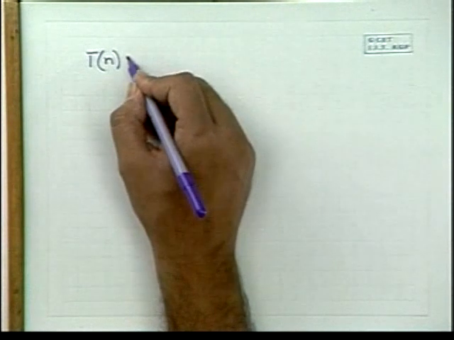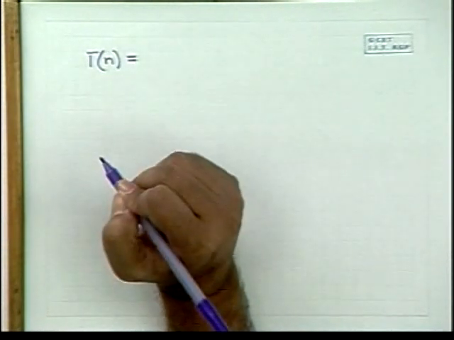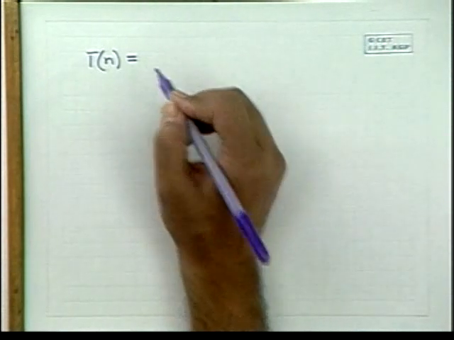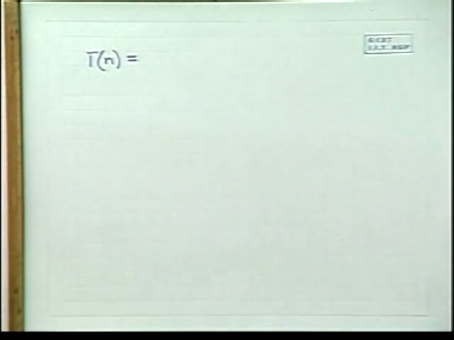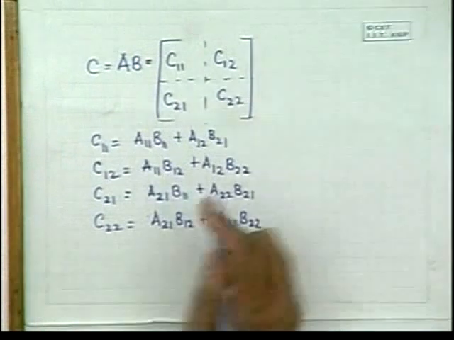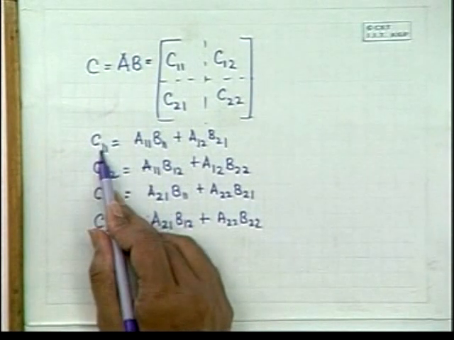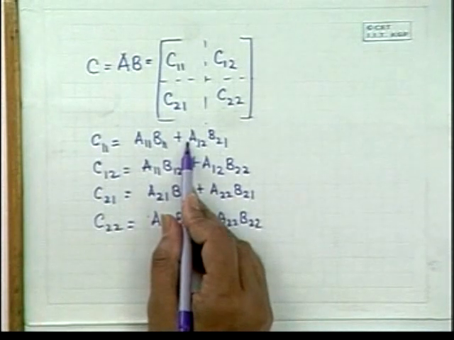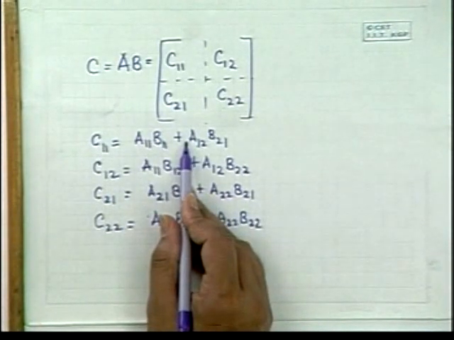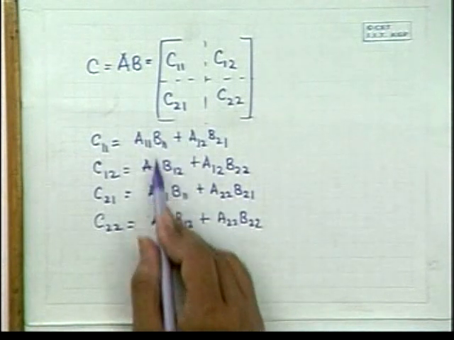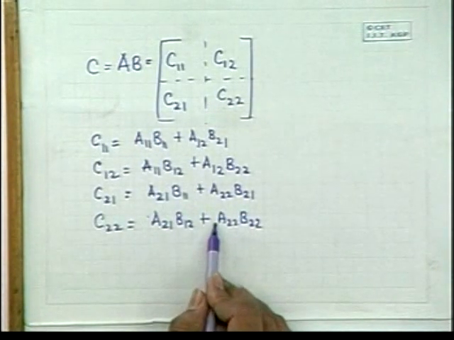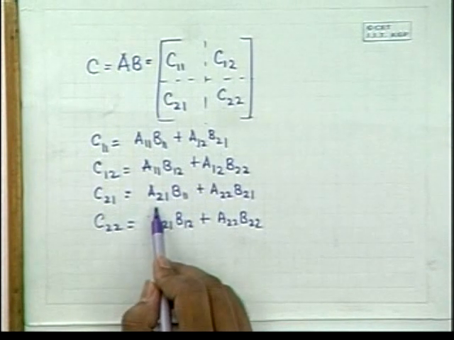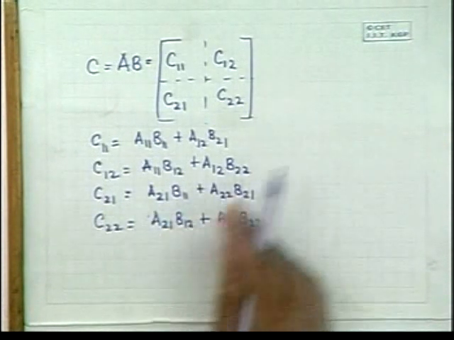Actually it is 8, because each Cij requires two matrix multiplications of dimension n by 2 by n by 2. So there are 4 Cij's, so we have 4 times 2, 8. So there are 8 matrix multiplications each of dimension n by 2 by n by 2.